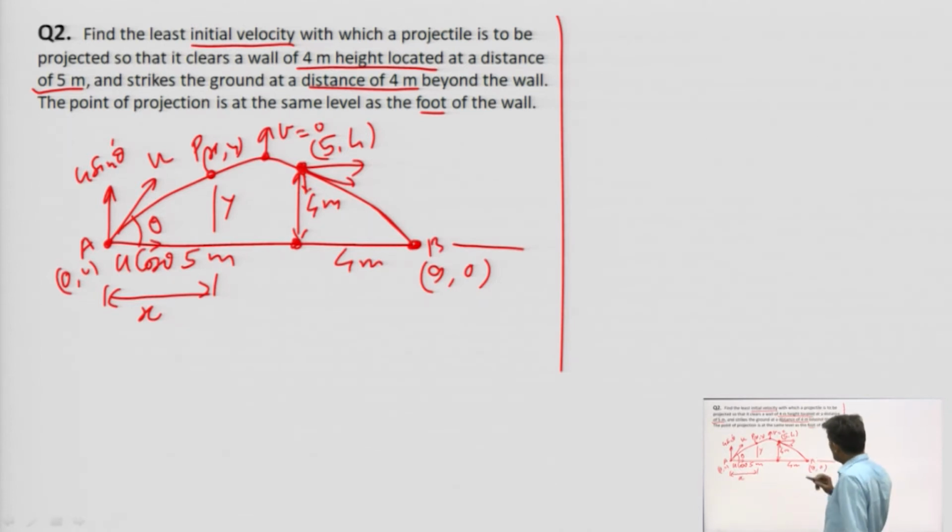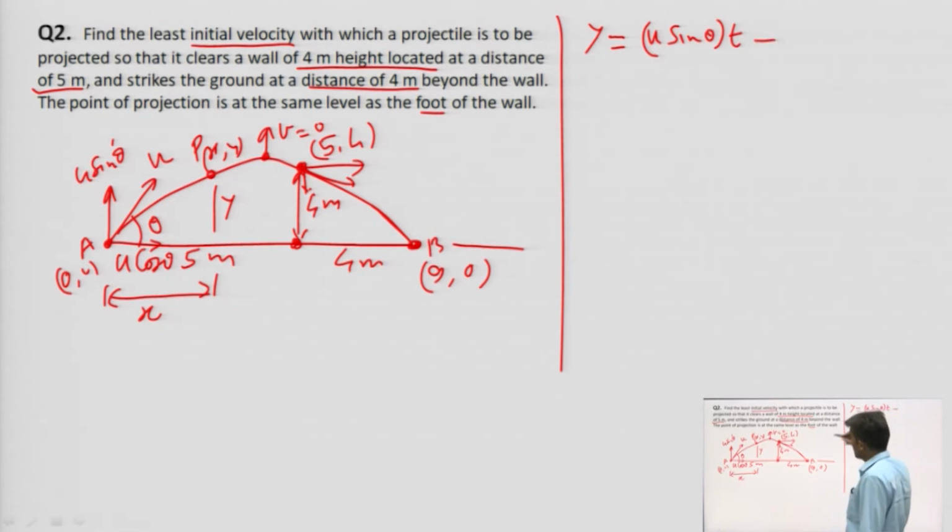Let the time taken for the particle to reach from A to point P be t. Then we can write y is equal to u sin theta into t minus half g t square.